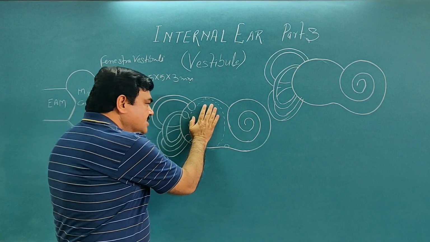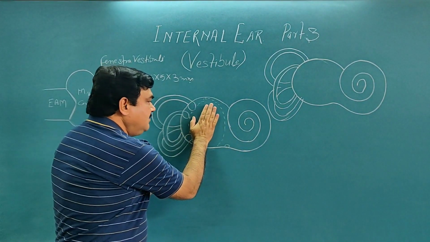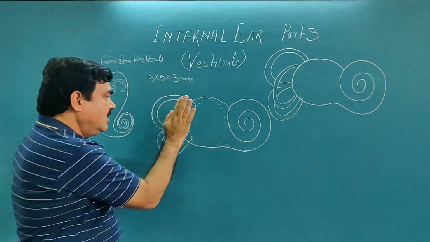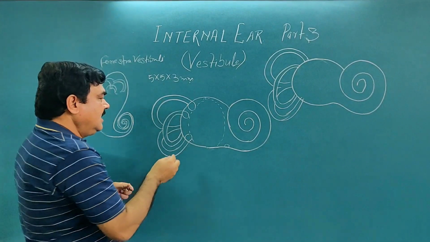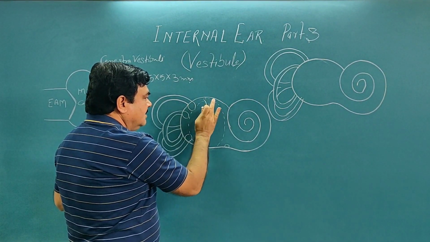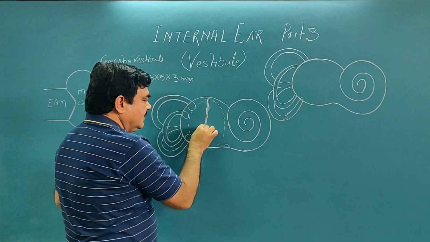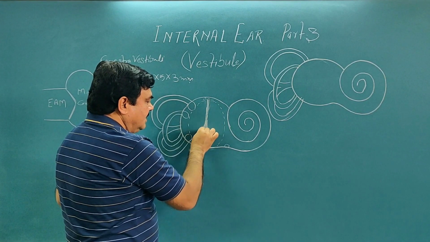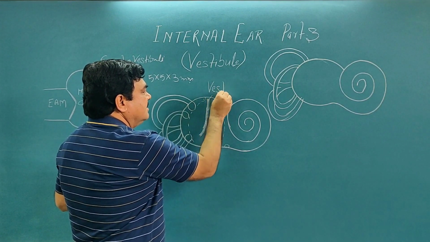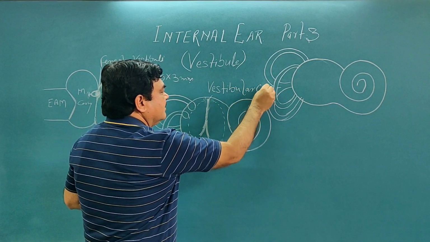And if you remove this membranous labyrinth, then you can see this is the medial wall. The lateral wall is removed. Now this is the medial wall. In the medial wall, here is a crest. This is the vestibular crest.